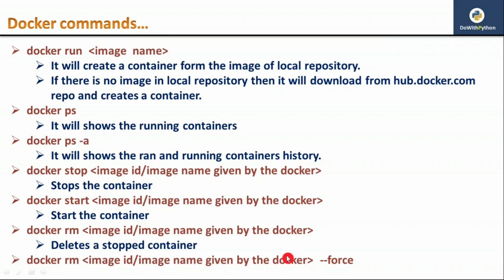So the better way is always to first stop your container, then remove it. Guys, remember that rmi removes images from your local repositories, but rm is used to delete your created containers.